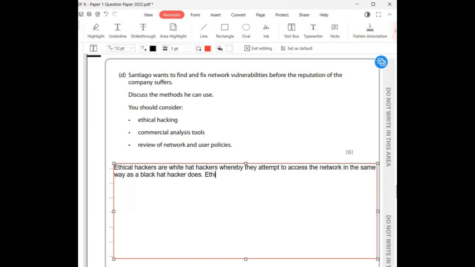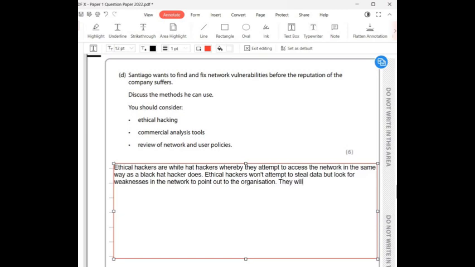Ethical hackers won't attempt to steal data, but look for weaknesses in the network to point out to the organization.